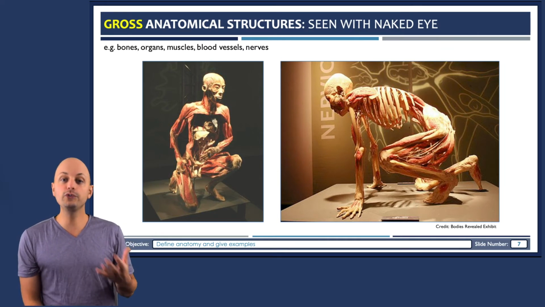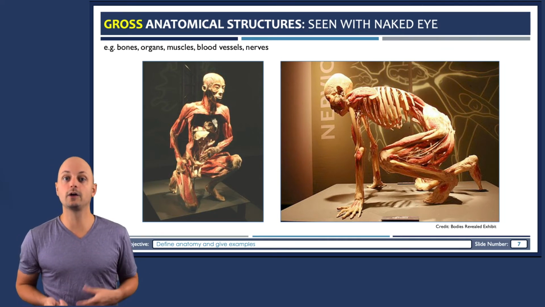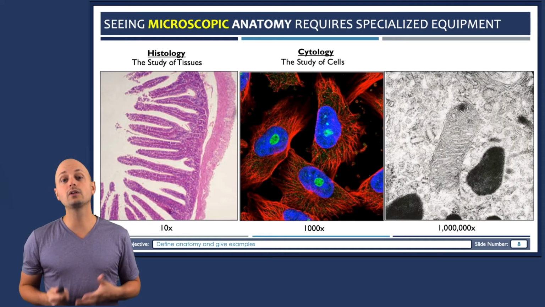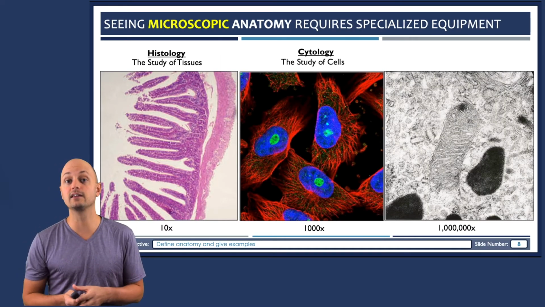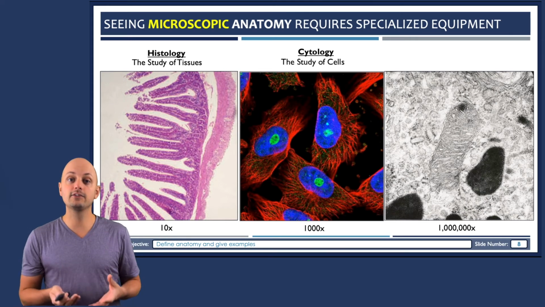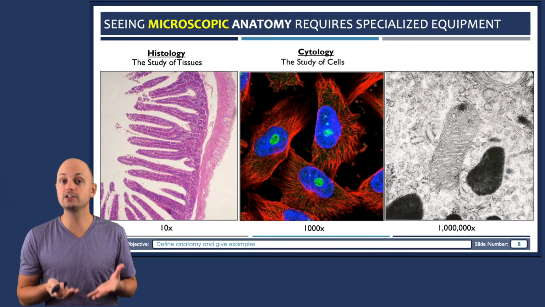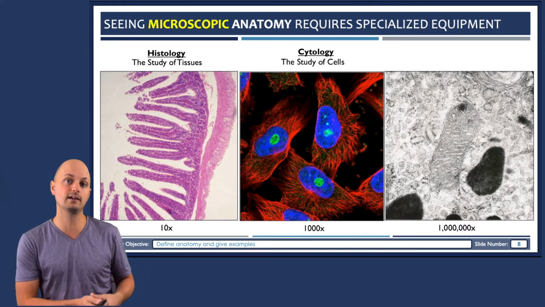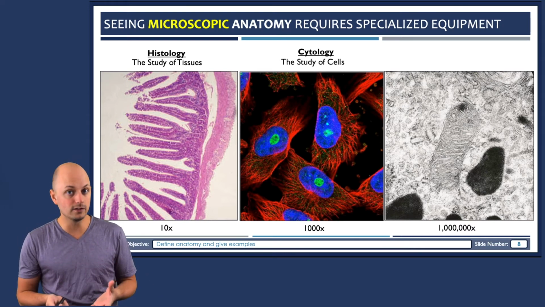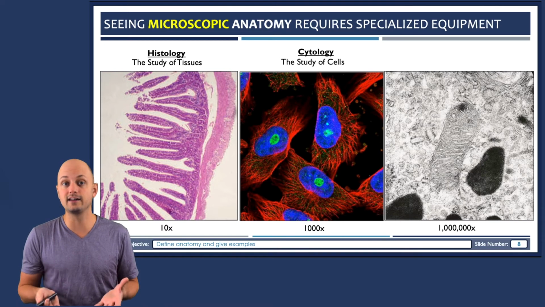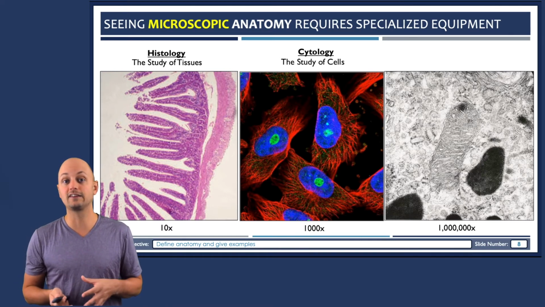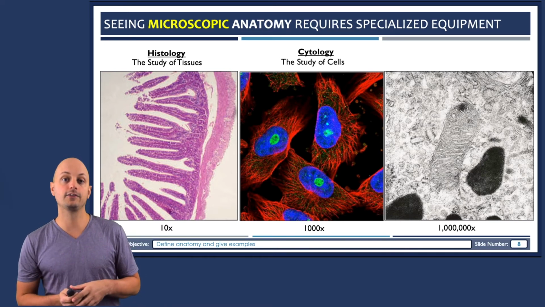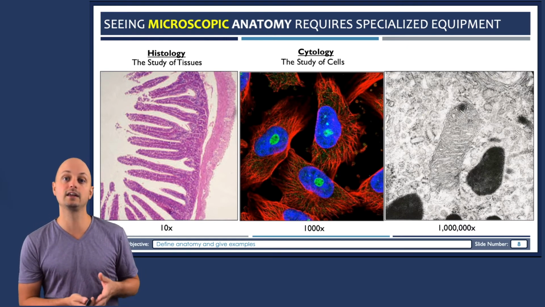But of course, most of our bodies can't be seen without the help of a microscope. And so a lot of what we talk about in this course is microscopic. This gives us the ability to study the structure of tissues, like for example, your intestine, which is pictured here on the left-hand side. The cells in the middle image have been labeled with fluorescent dyes so that we can see structures like the nuclei in blue and the components of the cytoskeleton in red.